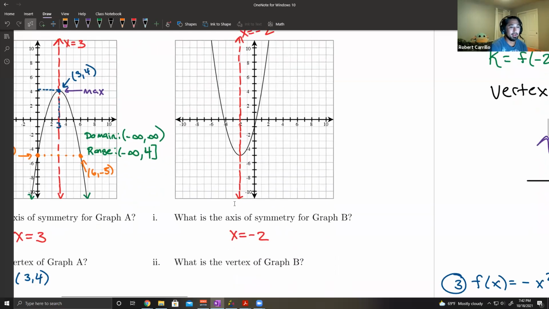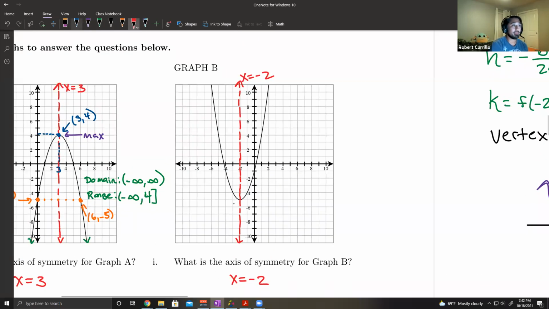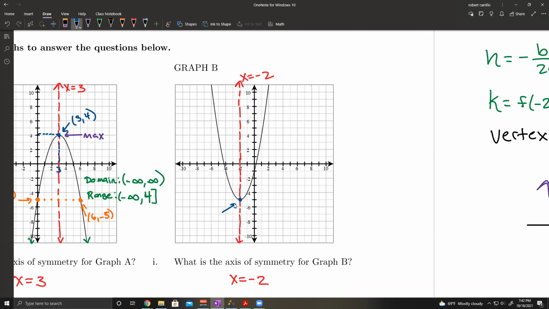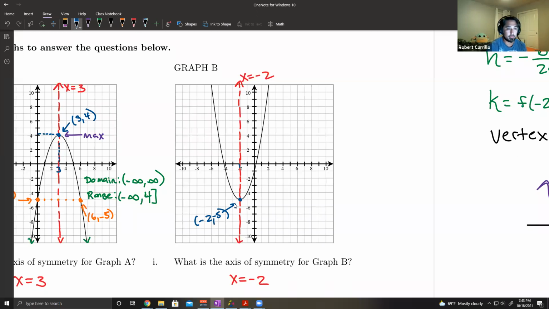All right. And what is our vertex? What is this main point? -2, -5. Is that, yeah, 1, 2, 3, 4, 5. Good. -2, -5.